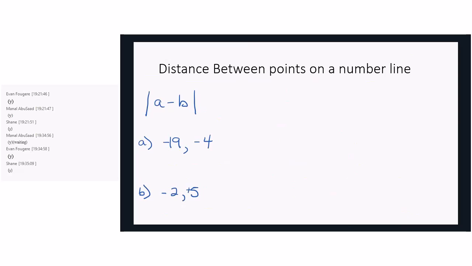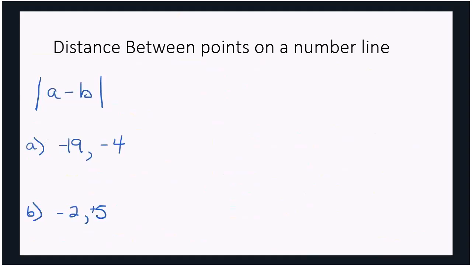Along the same lines is the distance between points on a number line. And really this part, I think the stickiness is just adding and subtracting integers. So for this example, when you're looking for the distance between points on a number line, we are using absolute value, and we are using this definition here, the absolute value of a minus b.